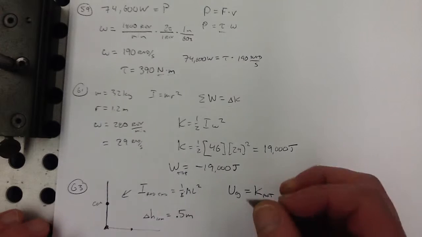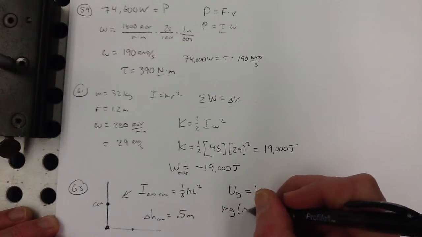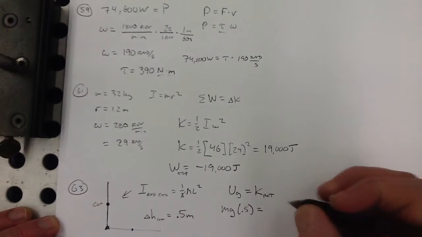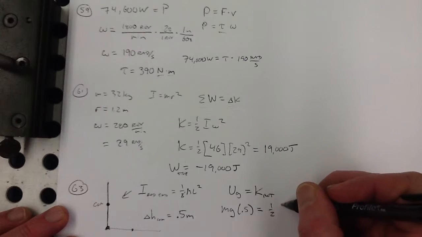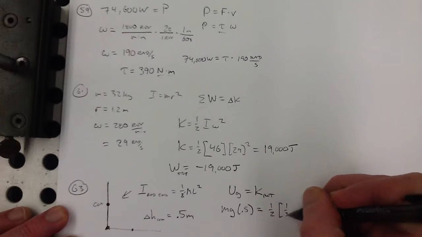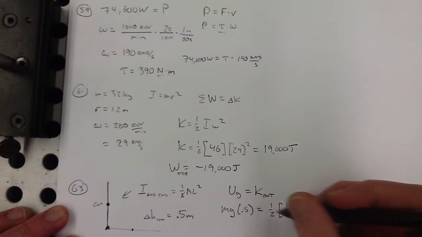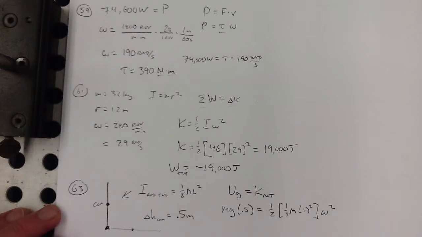Right? So this is mgh is equal to the kinetic energy of rotation, which is 1/2 I omega squared, with I equal to 1/3 m times the length of it, it's 1 meter long, squared.